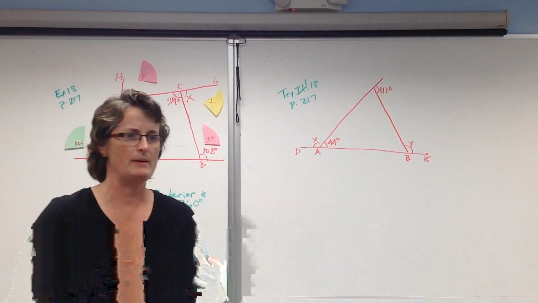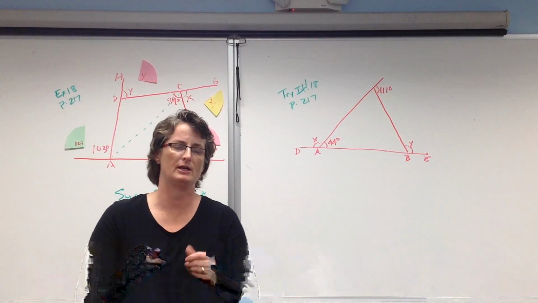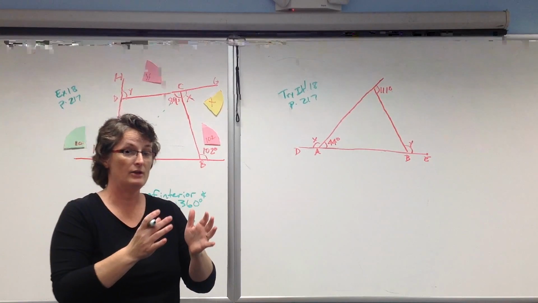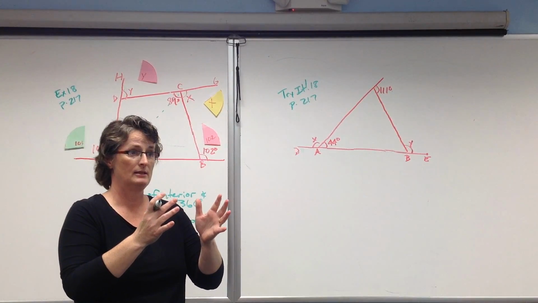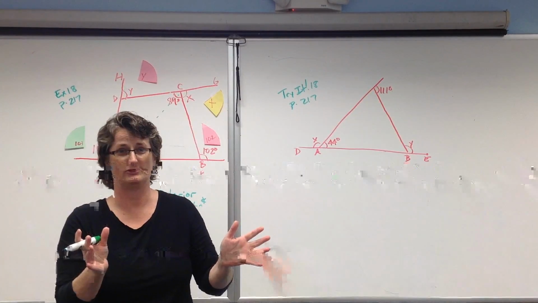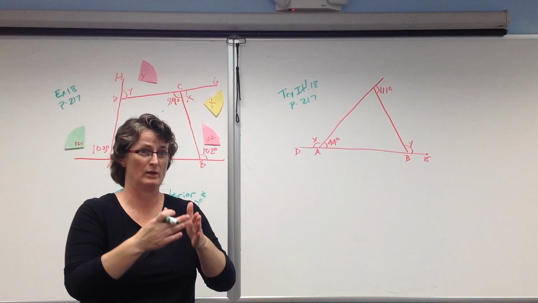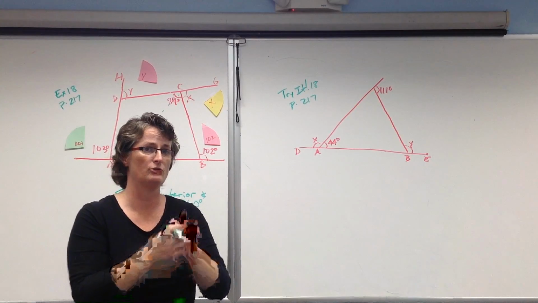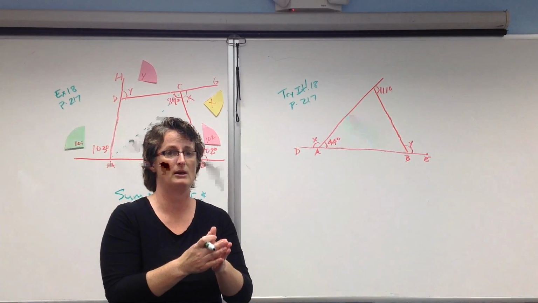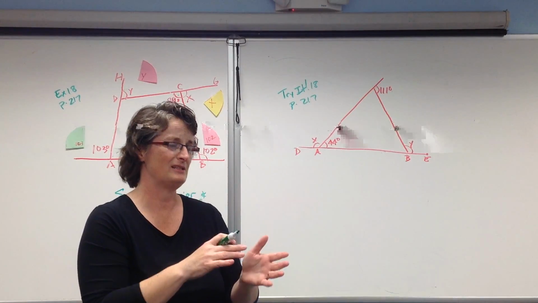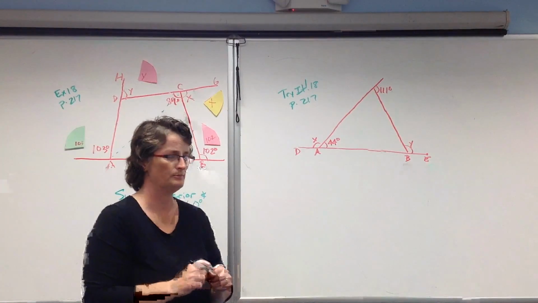And just to remember from when we were cutting out the shapes, cutting out the triangles, that as the shapes got bigger in terms of the number of sides, then the triangles that we cut were getting smaller and smaller. We're going to talk about that relationship in a little while, not today, but maybe next week or so.